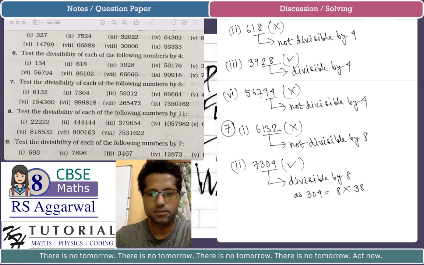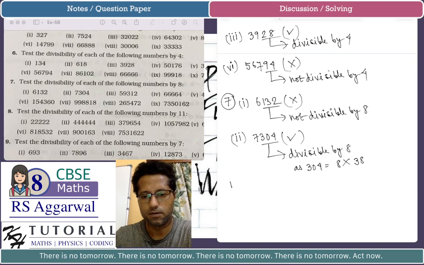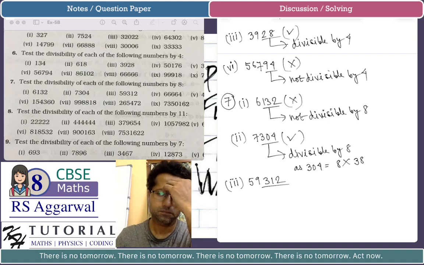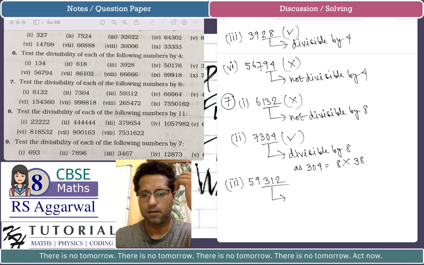Okay, let's see the number 3. It is 59312. The number formed by the last three digits is 312, and is it divisible by 8 or not? We have to check that. Yes, the number 312 is divisible by 8.